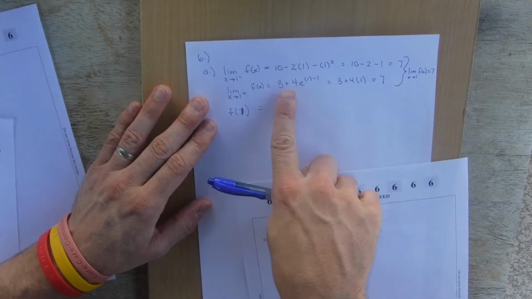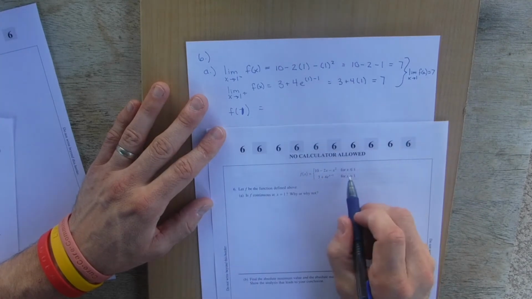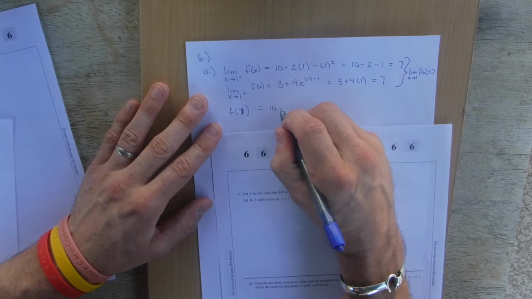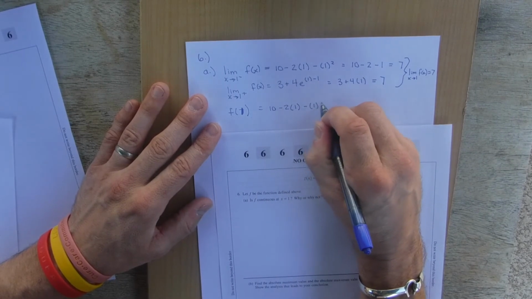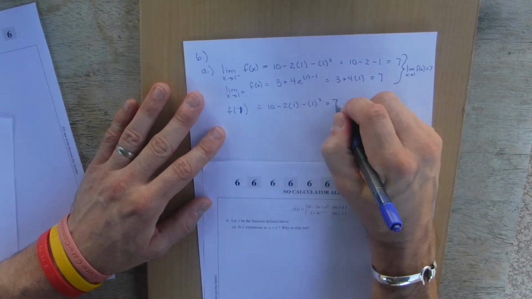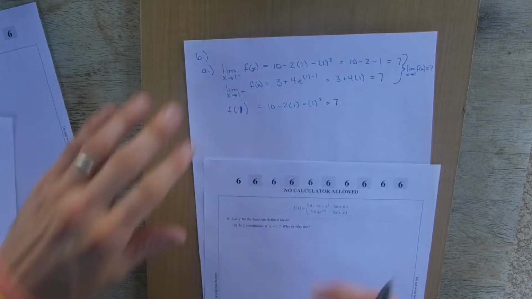Now we check out the point, this is supposed to be 1. The point itself would use the top one because that has the or equal to. So again, that would be 10 minus 2x minus x squared. That's where it's equal, and again, that obviously is equal to 7. I did all the work up there. So what do I notice now?